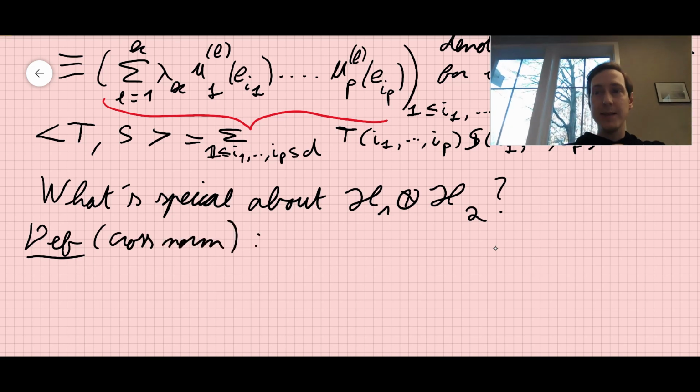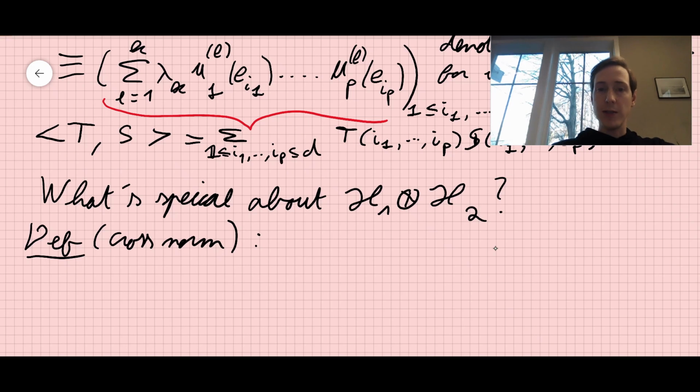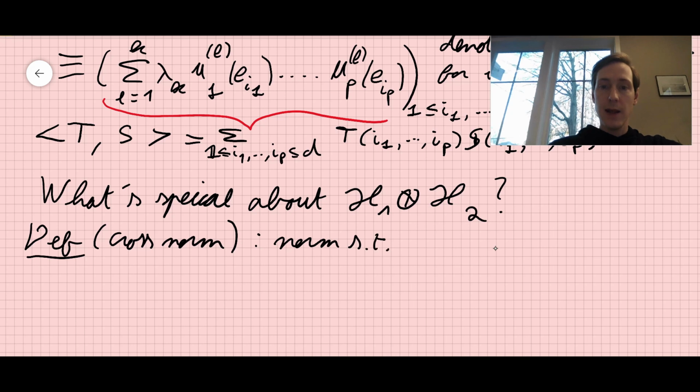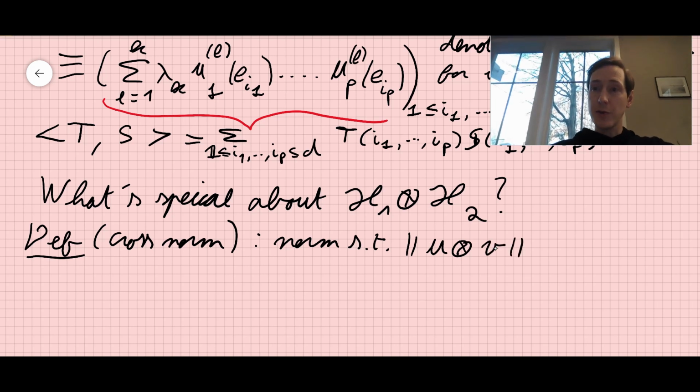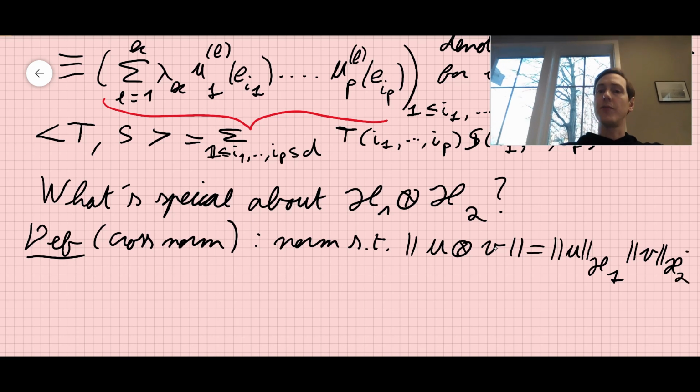A cross norm is a norm on H1 times H2 such that if you apply the norm to a rank 1 tensor, then the norm of this rank 1 tensor is nothing but the product of the norms of the corresponding elements in their Hilbert spaces. So it should be equal to the norm of U in H1 times the norm of V in H2. This is the definition of a cross norm.